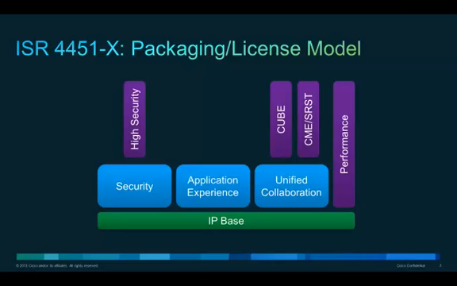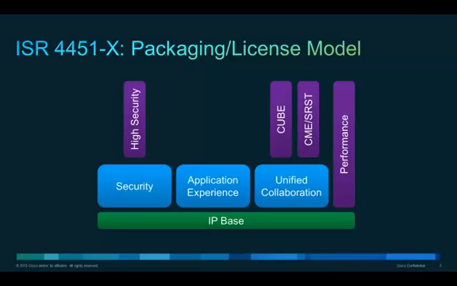So the story with this is if you have a security license in a 4451X system, the system is going to be limited to a total of 160 megabits per second of encrypted throughput and 225 simultaneous encrypted tunnels. That's purely a U.S. government export restriction. The high security license basically removes those restrictions and gives you the full capacity of the system. So there's no restrictions on throughput and there's no restrictions on tunnel count.